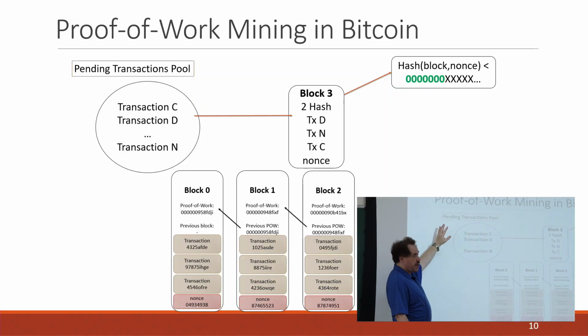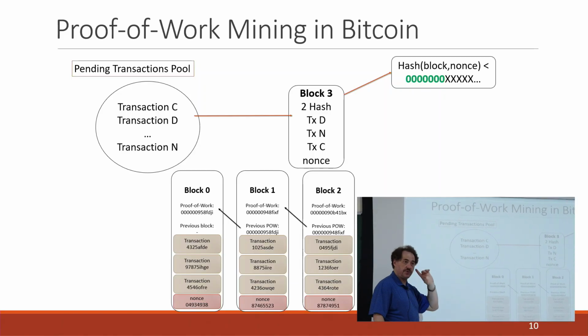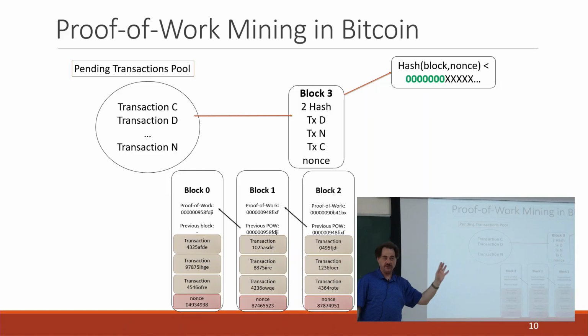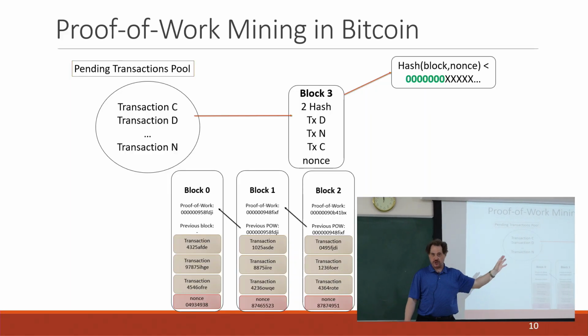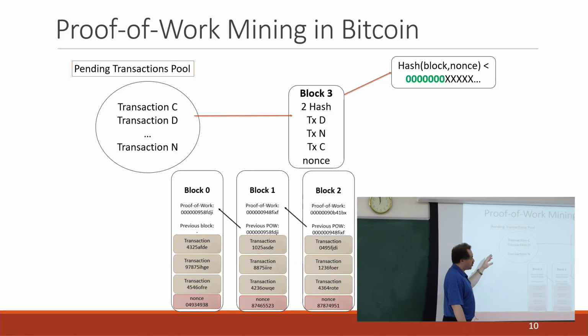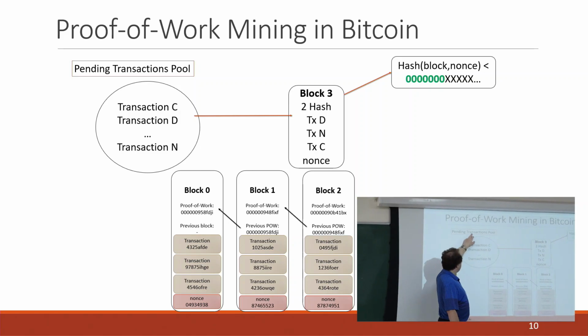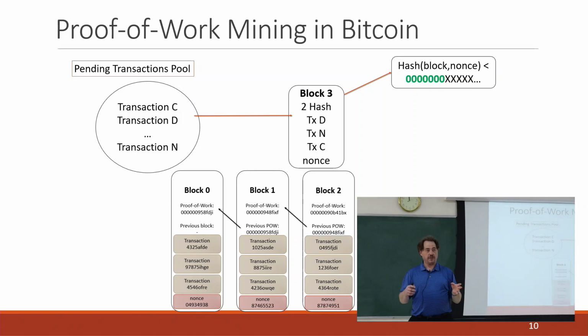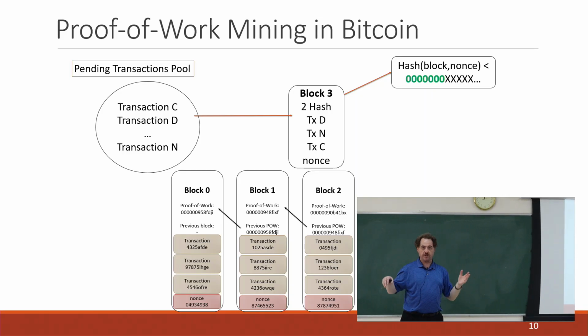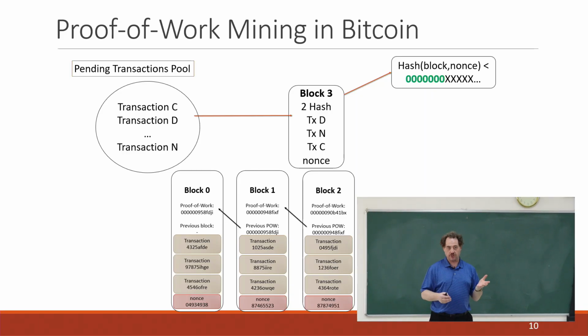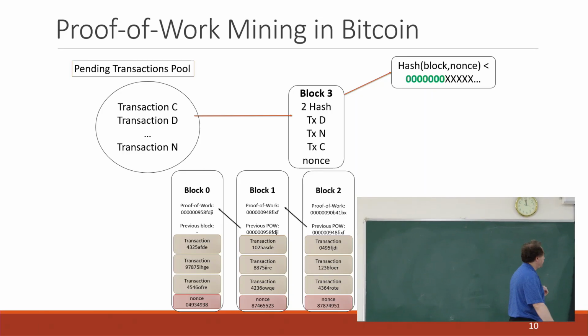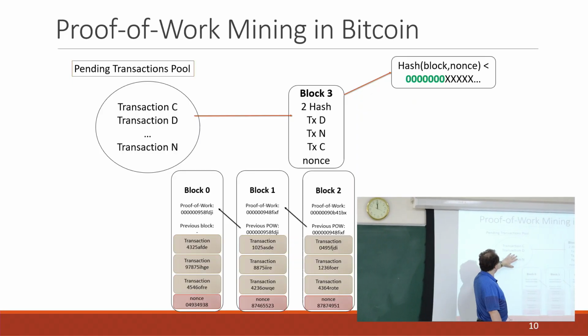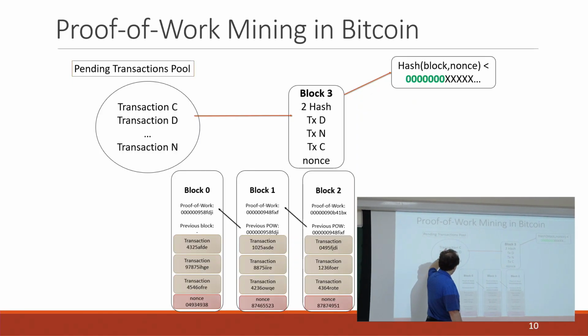Each miner listens to incoming transactions which it receives through the broadcast, right? And maintains the mempool of pending transactions. Pending meaning that they need to be included in blocks, but have not been included in blocks yet. So that's the mempool.